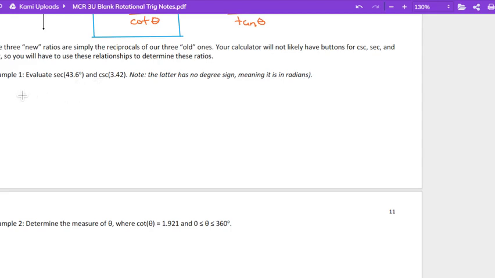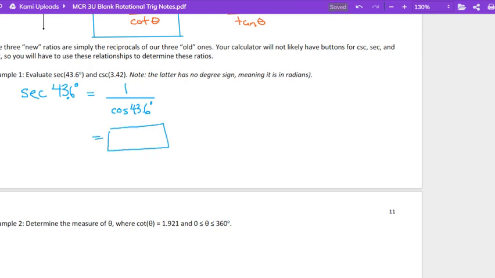So watch this. If I want to find secant of 43.6 degrees, the only way I can find this is by saying, oh, that is just 1 over what? Cos of 43.6 degrees. So watch what we do on our calculator.